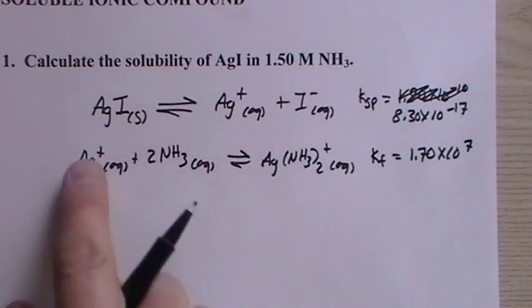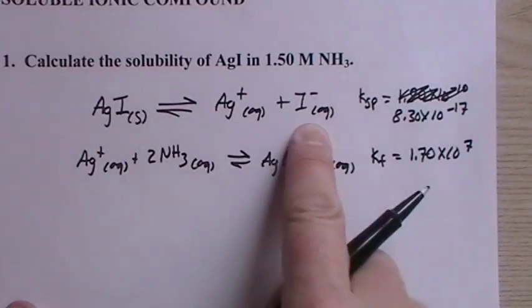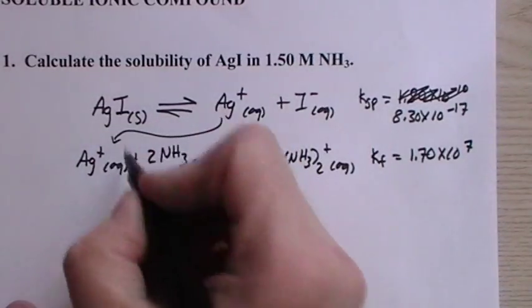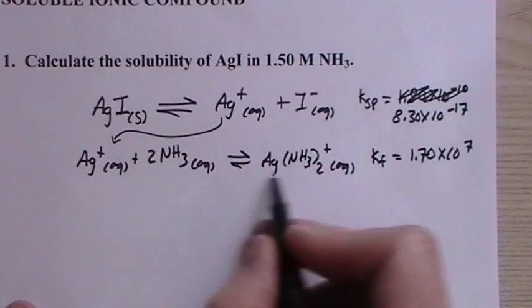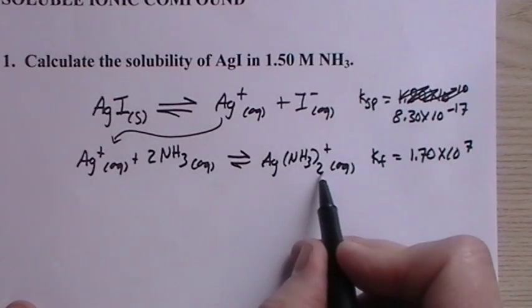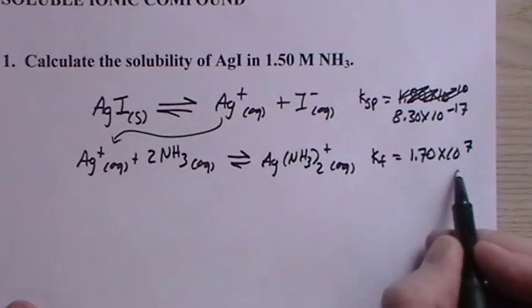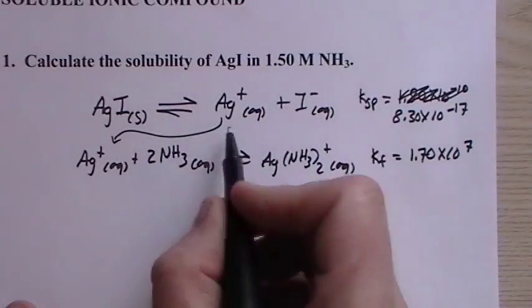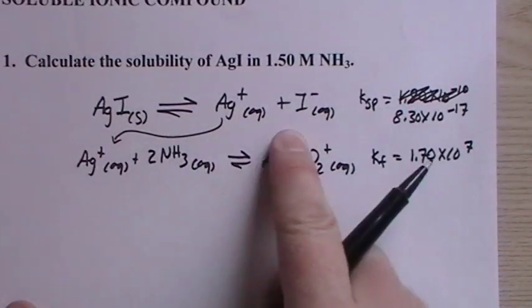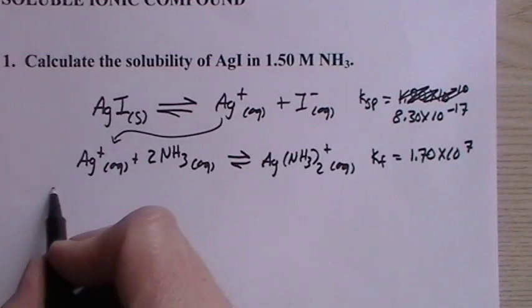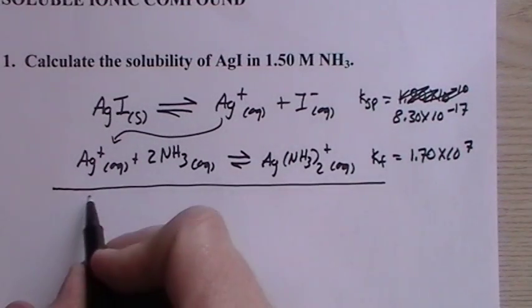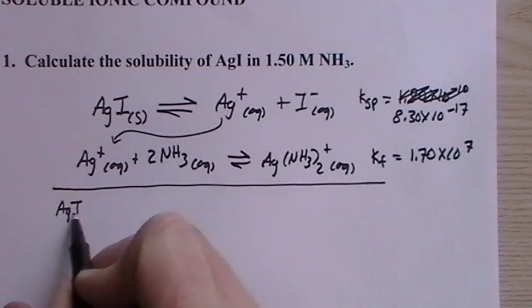So if we're taking this as 2 steps, this breaks up into these ions, and then the silver goes on to react with the ammonia to create something very, very stable. You can see Ksp here is very small, but this is a very large number, so as we take away silver, this reacts more and more, and we want to drive it into solution. So we do a trick here. Let's add them up. We have silver iodide.